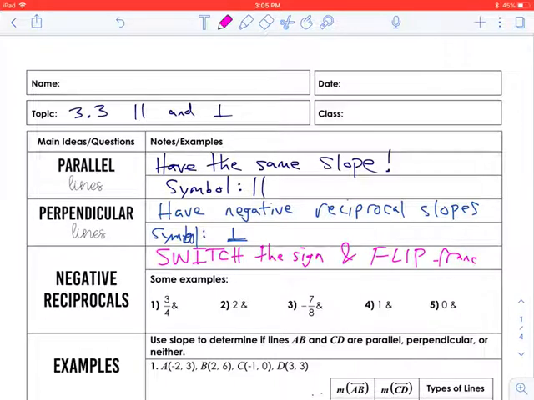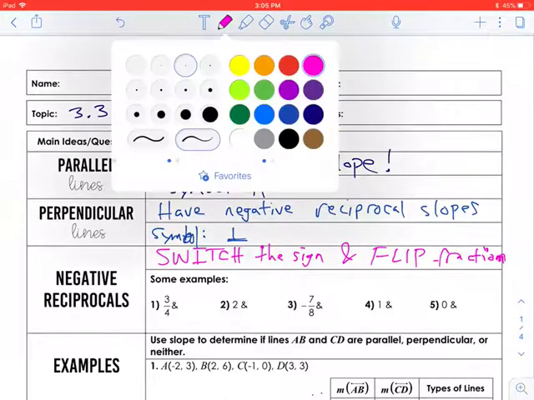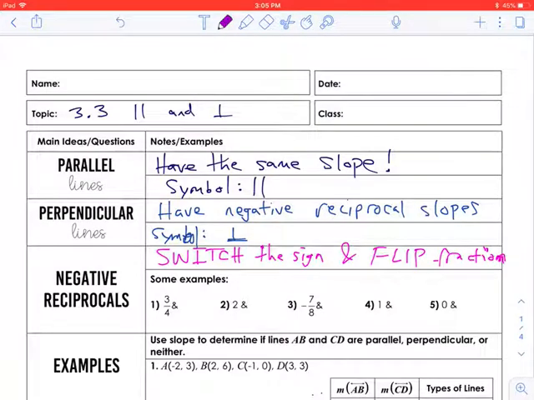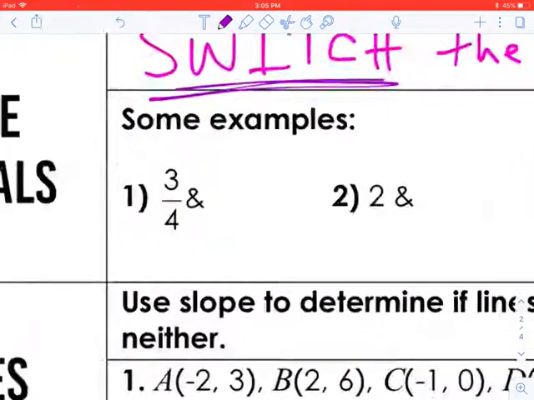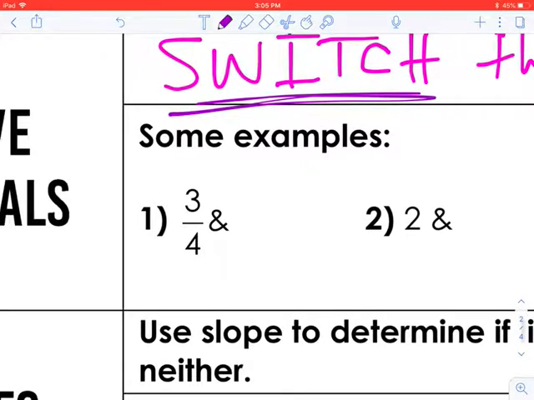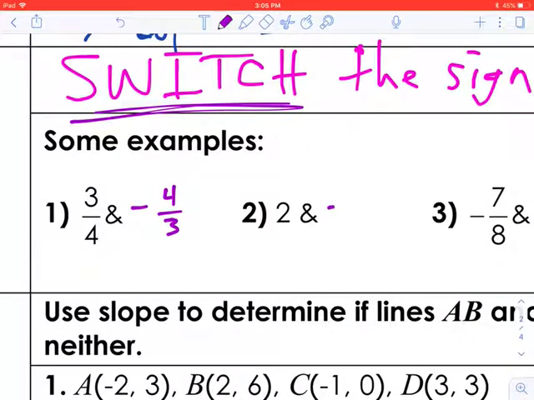So if it starts as 1 over 2, you flip it to 2 over 1. Okay? So for our examples here, switch and flip. Switch the sign, flip the fraction. So opposite reciprocals, it's positive, so I switch the sign, flip the fraction. Okay?